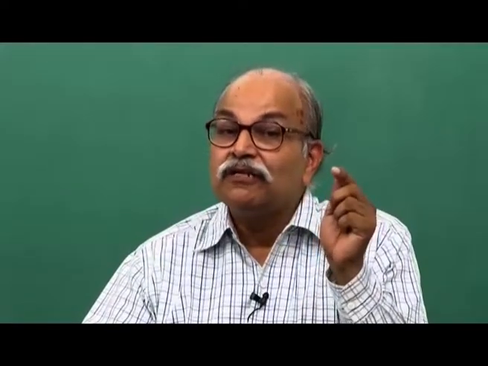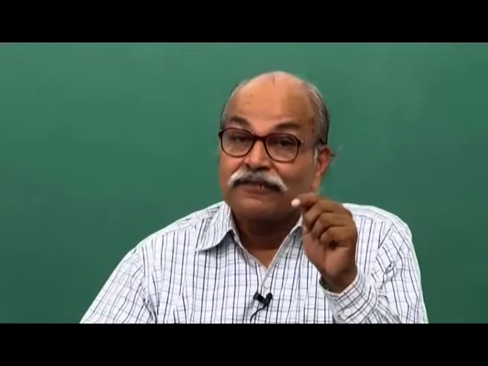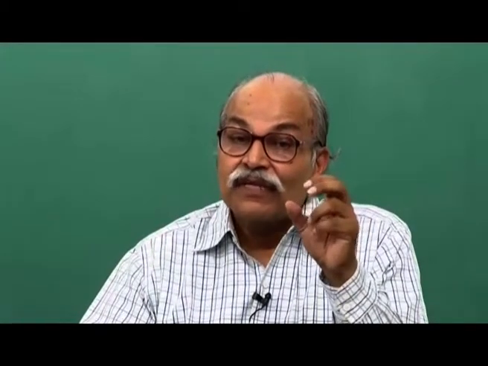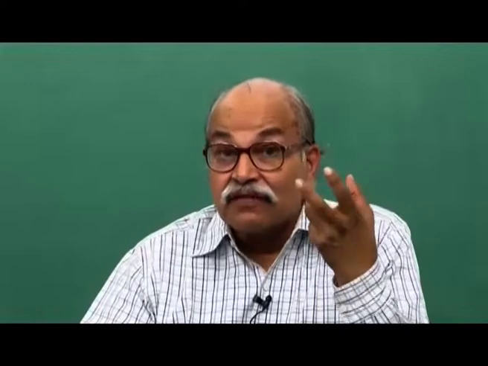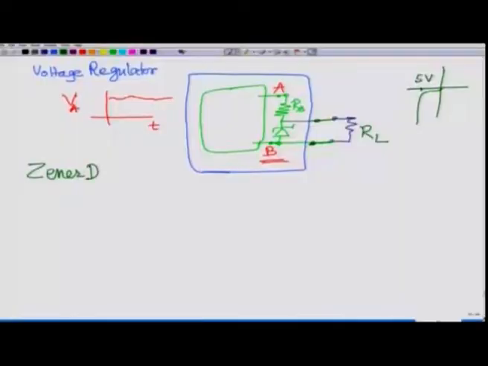Then each diode will have some rated watts, so that the total energy which is dissipated there should not be more than that particular power wattage that is given. So, let us say a Zener diode has the rating 5 volts for the breakdown, and 2 watts as the power rating.